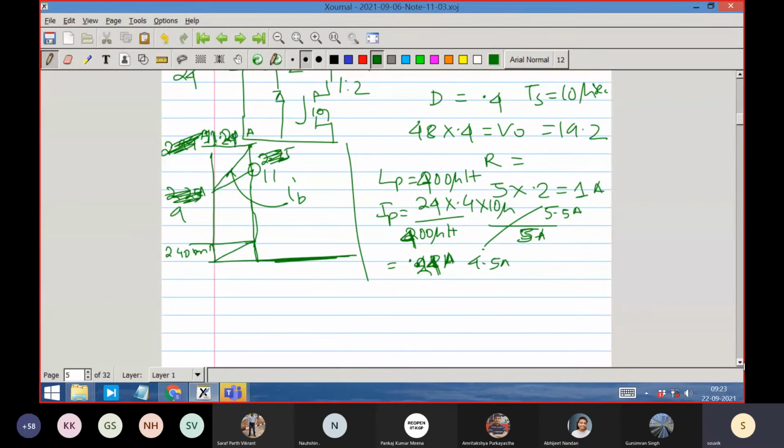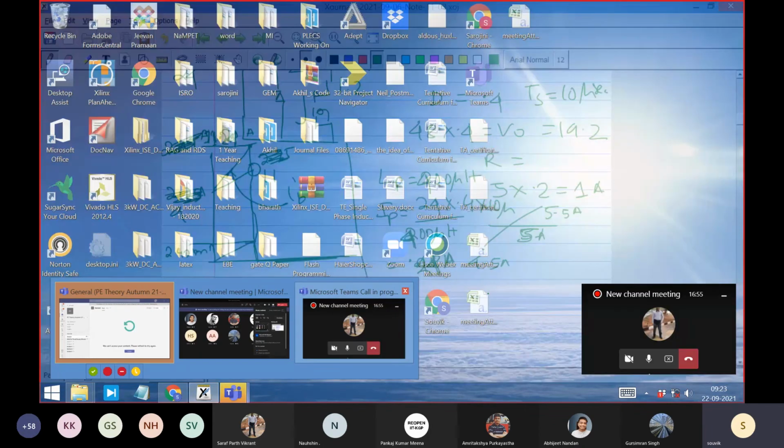What is happening? The peak value was 0.24 ampere. So 0.24 ampere into N1 by N3 is equal to I T peak, the tertiary current peak.